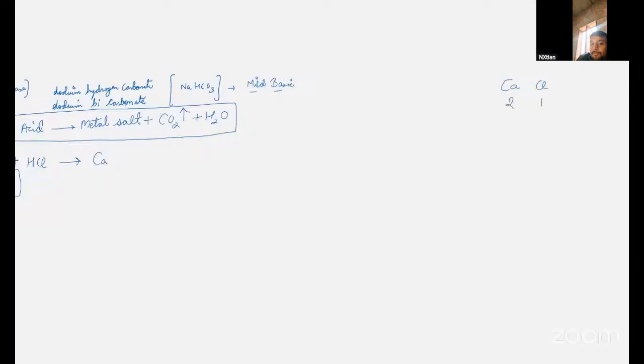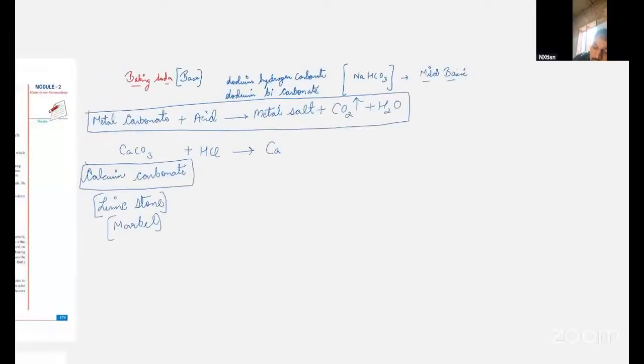Now what will it become? CaCl2, plus carbon dioxide will be released, plus H2O. Now what we will do, guys, everyone please pay attention. I request you.